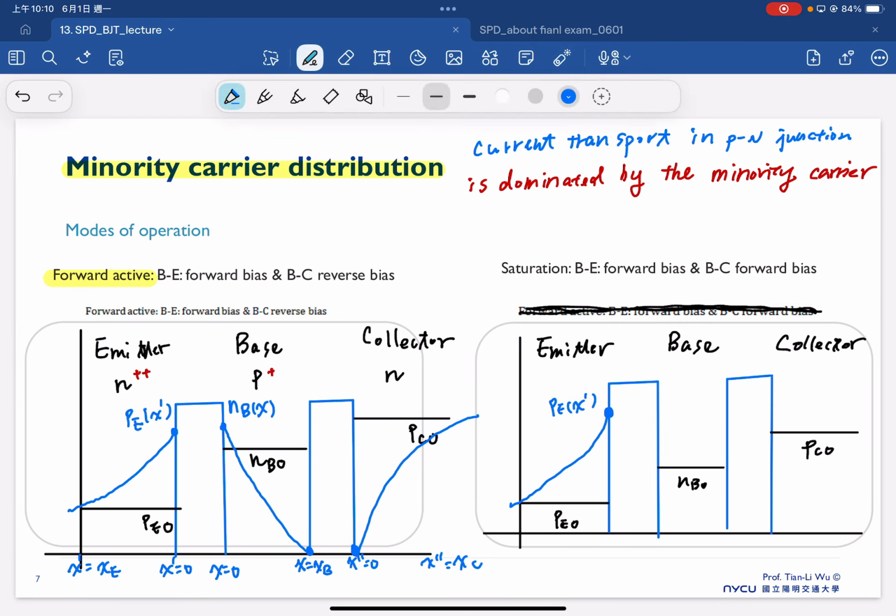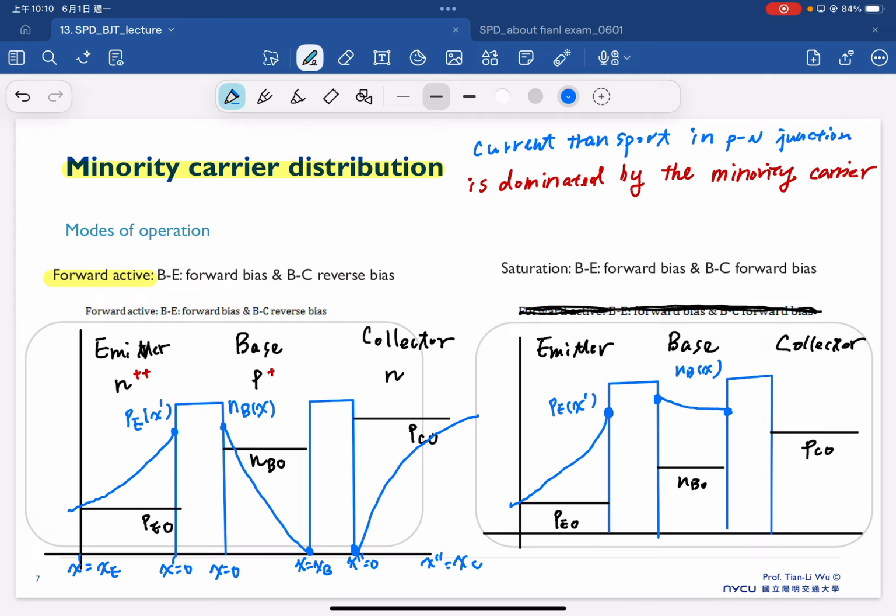So therefore, we will have the NBX, which at this point will not equal 0 because this is under the forward bias.